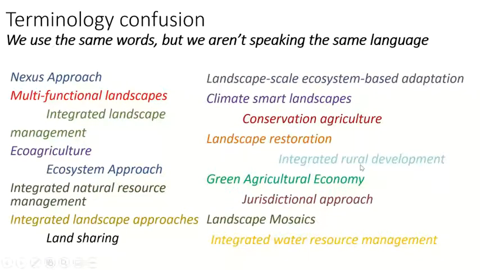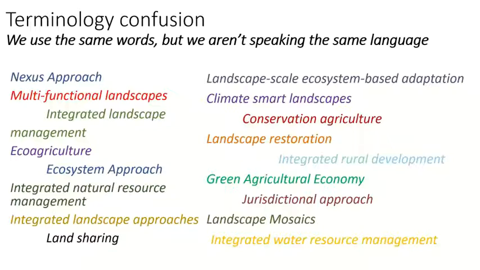Okay, I don't know what happened there. So this has created a terminology confusion because all of these different organizations that are now working on essentially integrated landscape approaches are branding them differently. Whether that's because of a lack of knowledge of the term landscape approach, or they just choose to brand their own approach differently for marketing purposes, we don't really know.